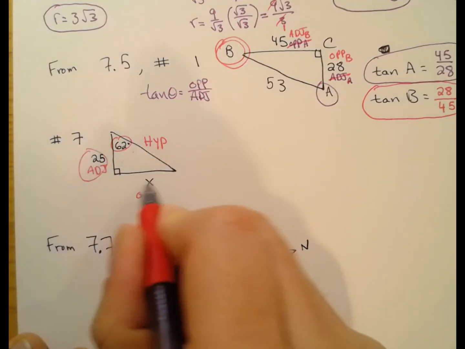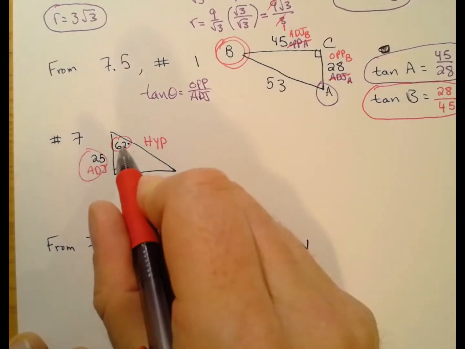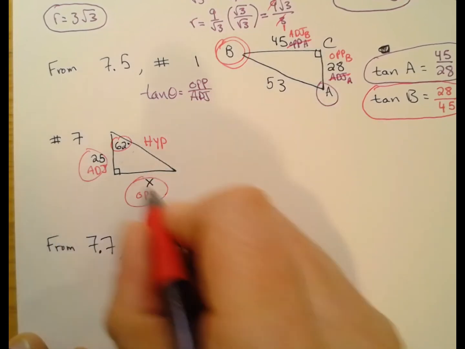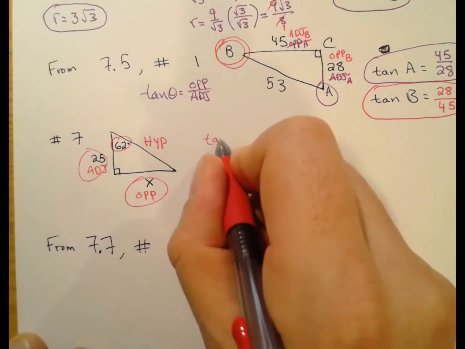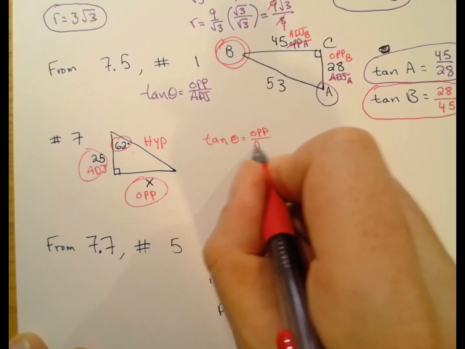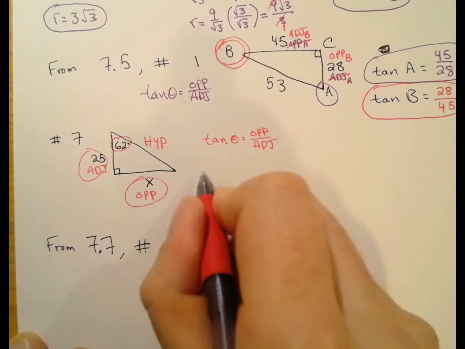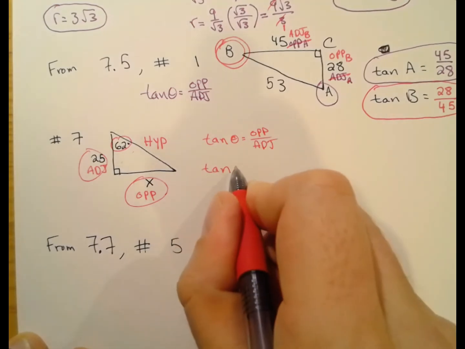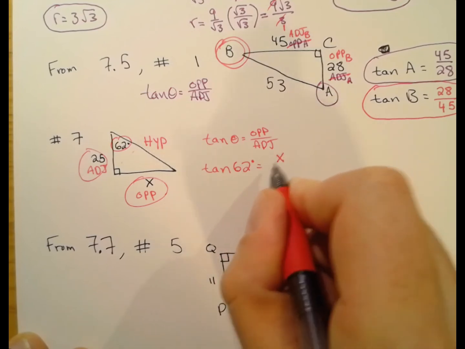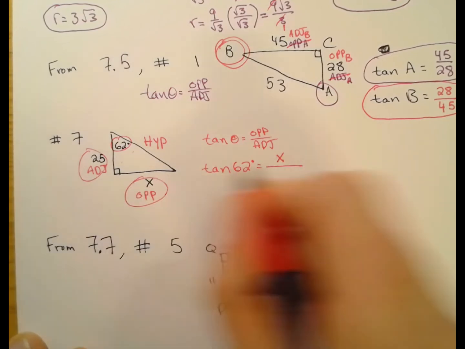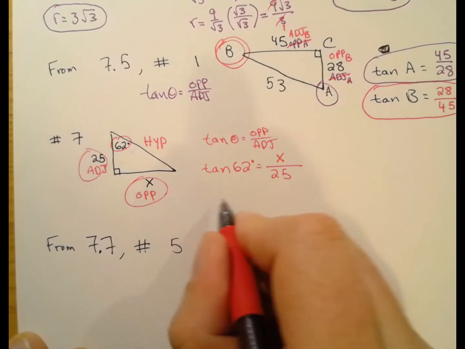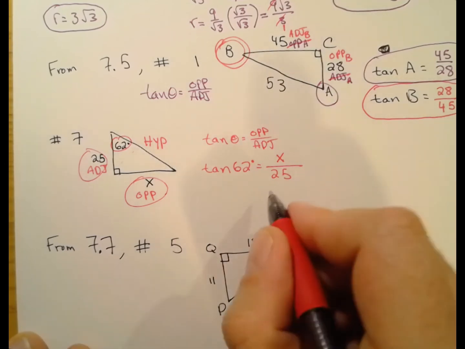All right. So what I know: these two sides; what I'm looking for, the opposite side. Opposite, adjacent: tangent is the function I'm going to use. That's defined as opposite divided by adjacent. Substituting the numbers or variables from the problem, tangent of 62 degrees equals the opposite, that's my x, over adjacent, which is 25. Okay, this is a 2-step to get x by itself. Nope, sorry, lied. It's a 1-step.